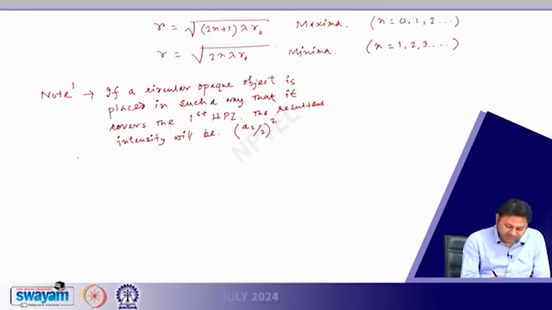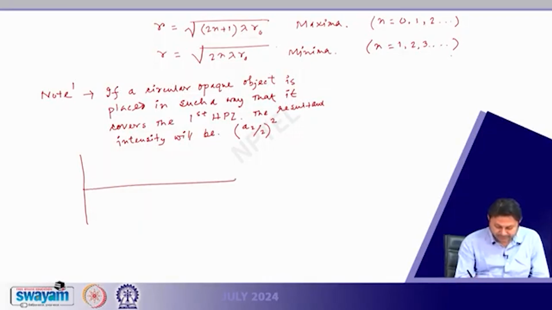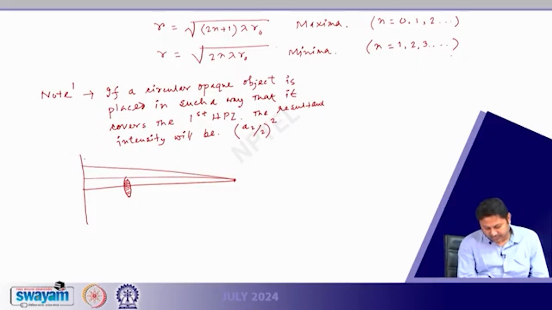Now what I am doing, this is the way the wavefront is moving. Let me show the figure, and we place the opaque object here. So this is the way the other rays are contributing and coming to this point. The amplitude for this is A1, for this it is A2, for this it is A3, and so on.